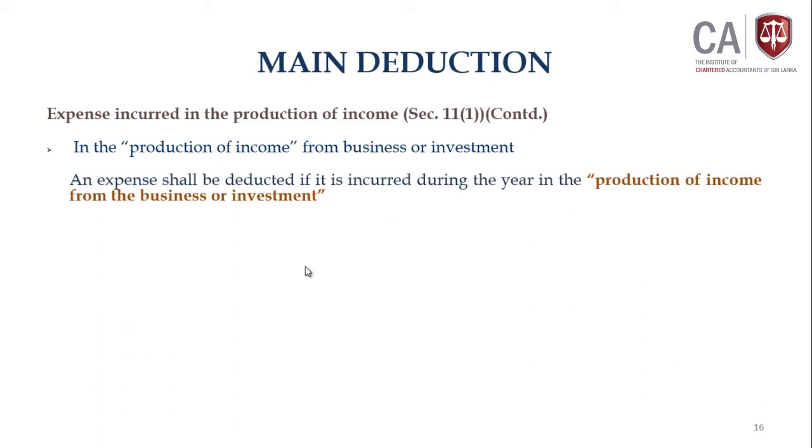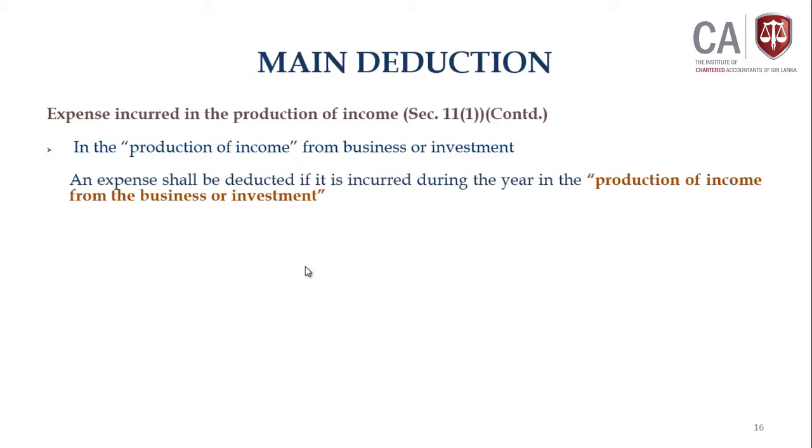Third rule is, it should be incurred in the production of income from business or investment. Also you must keep in mind, when you come to deduction rules, certain expenses are deductible only against the business income, but certain expenses are deductible against the business income calculation as well as the investment income calculation.